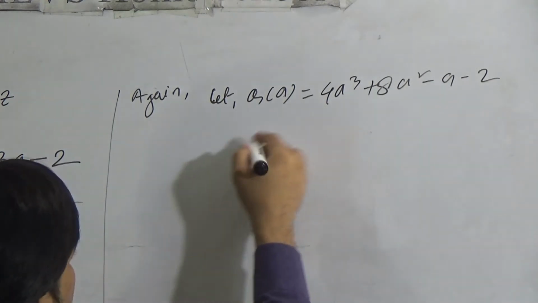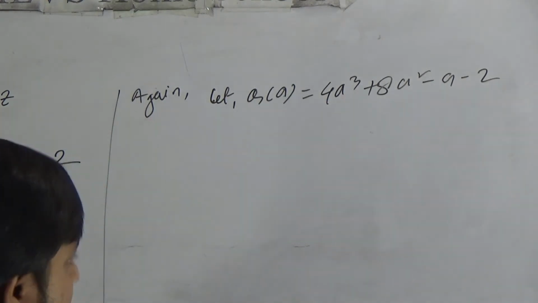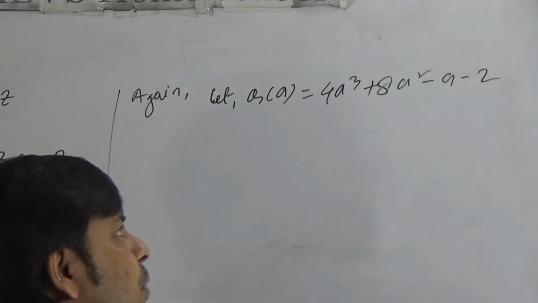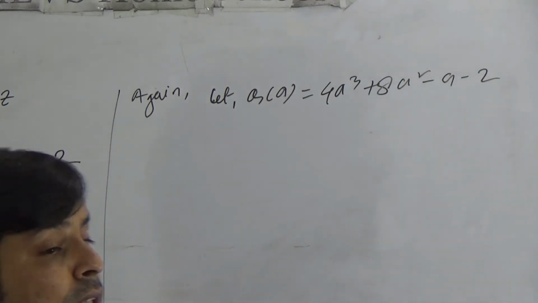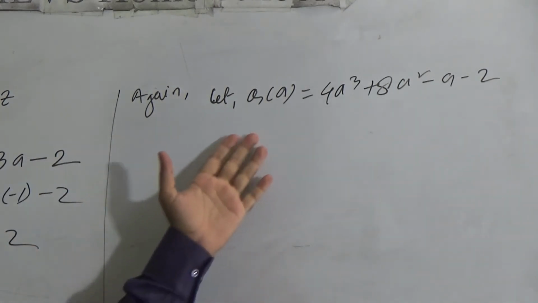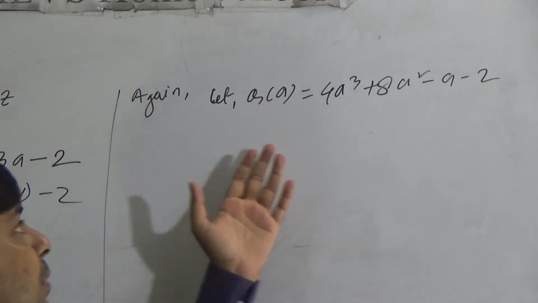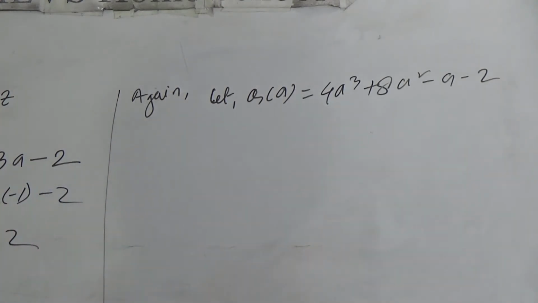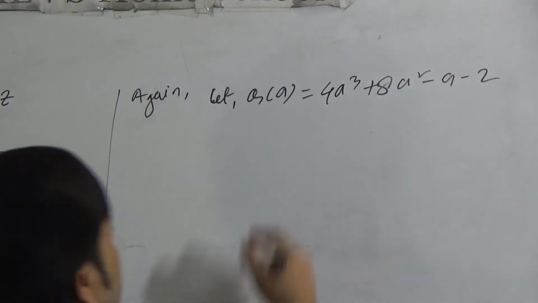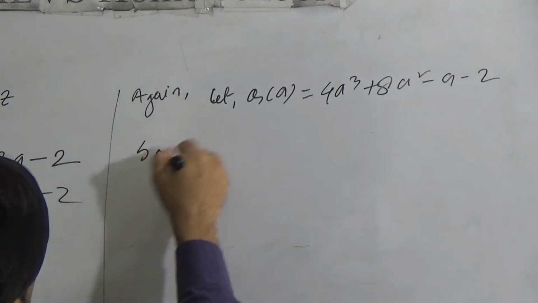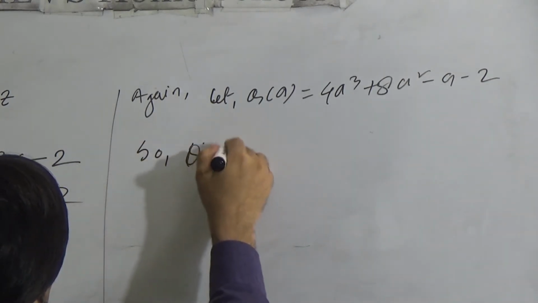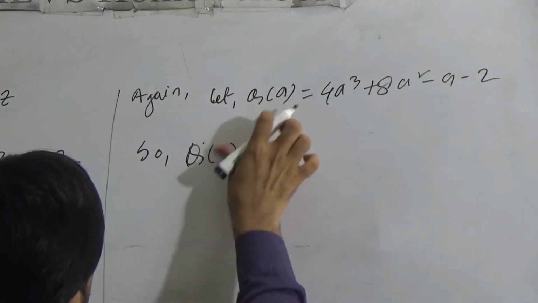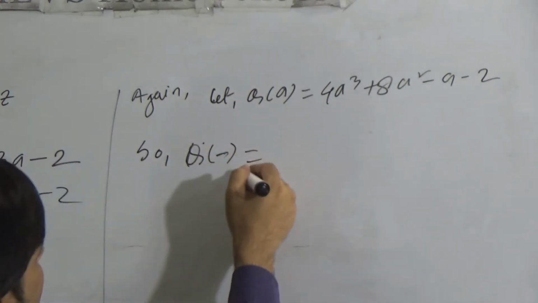So we can consider another value. If we consider 1 or 2, this will never be 0. So we can calculate q of minus 2.